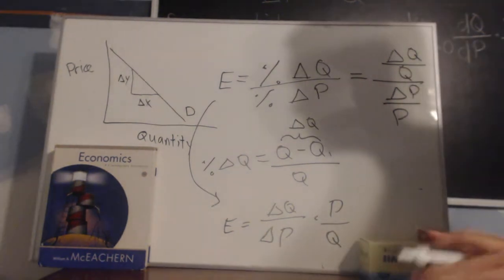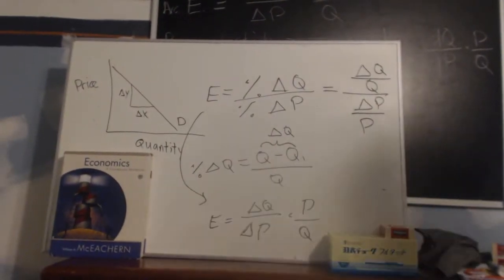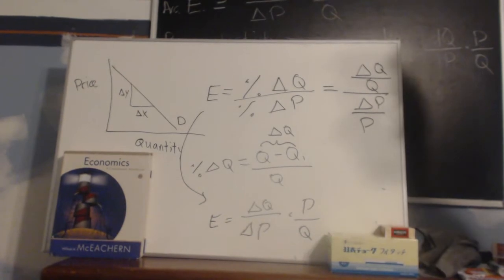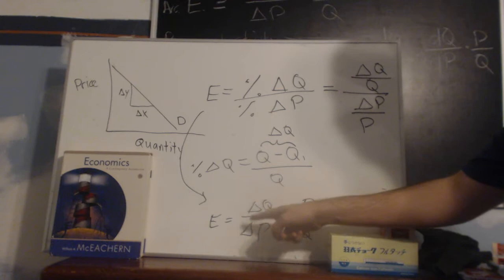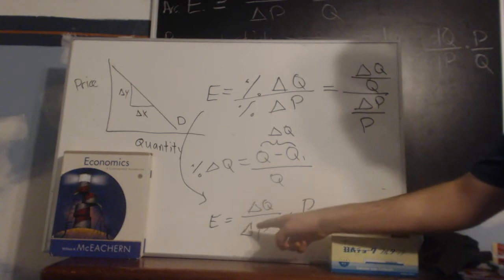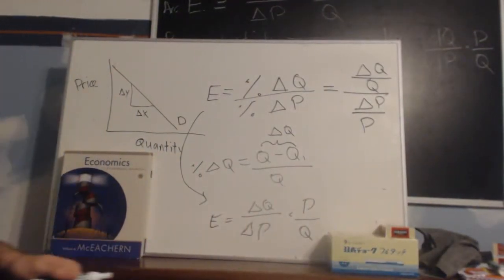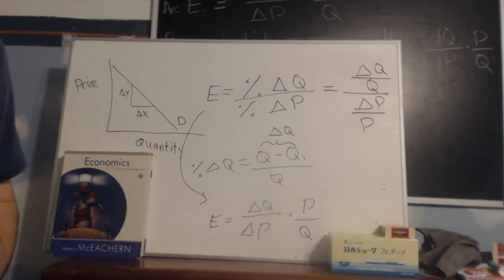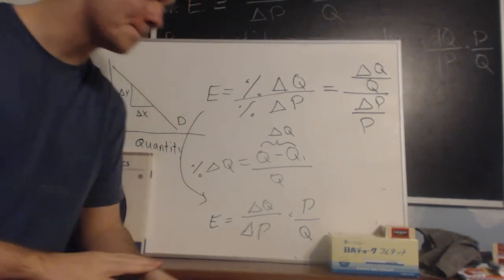The thing about this version of elasticity is that it requires two points. You can't just get the elasticity at a single point with this method because the change in quantity over the change in price are always going to need two points. They're always going to be finite. Later in the video, I'm going to show you how to get at a single point using none other than calculus itself. But for now, let's not worry about that.